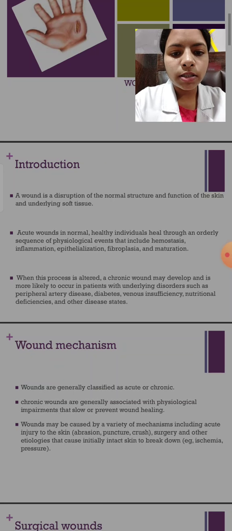When this process is altered, a chronic wound may develop and is more likely to occur in patients with underlying disorders such as peripheral artery disease, diabetes, venous insufficiency, nutritional deficiency, and other disease states.